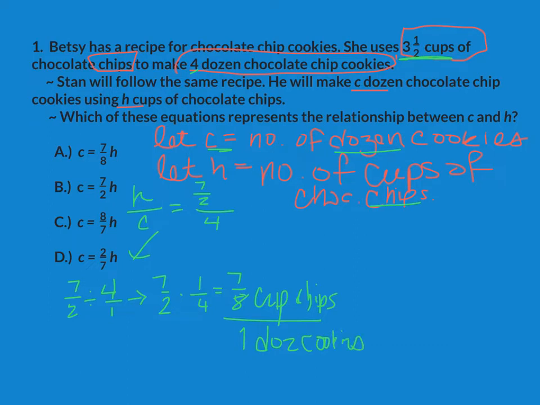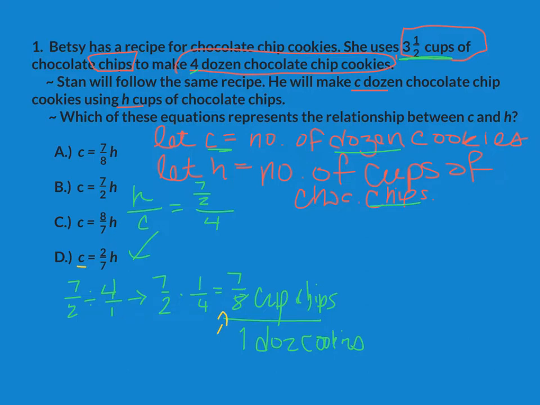So this is helpful. However, that hasn't written our equation for us yet. It's important to note that each of these equations has C, what C equals. And C is the number of dozens of cookies. So I know if it's 7/8 cups of chips per 1 dozen, and if I made 2 dozen, I would have to multiply my 7/8 times 2. If I made 3 dozen, I'd multiply my 7/8 times 3, and so on.